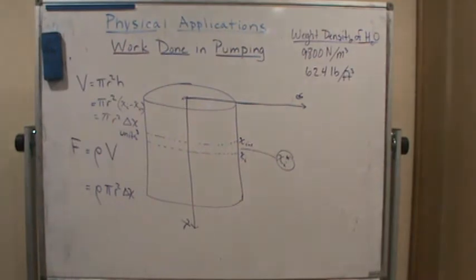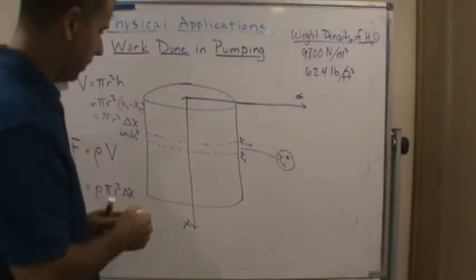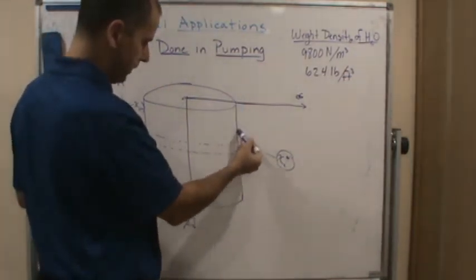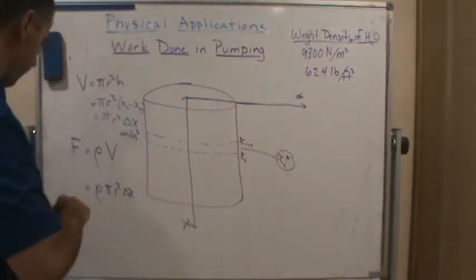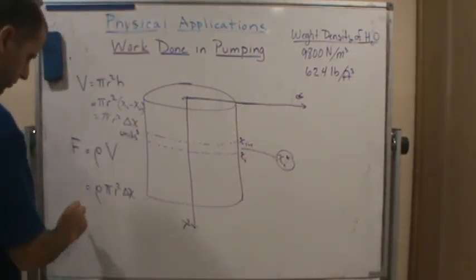So we're going to use x sub i star as our sample point. And what are we going to use for the distance? Well, we're going to use x sub i. So the distance that it's moving is x sub i. Remember, work is force through a distance.